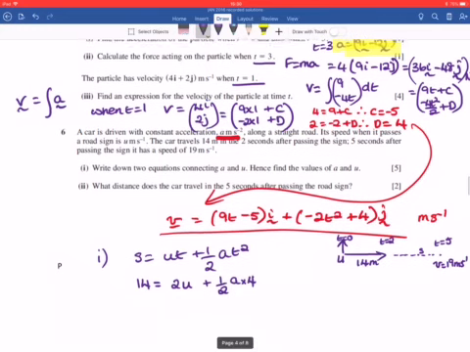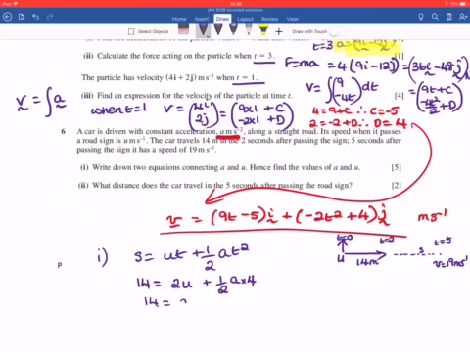So we've got 14 equals 2u plus 2a. That's for the first 2 seconds. So there's one equation, and I could say 7 equals u plus a, to make it easier.